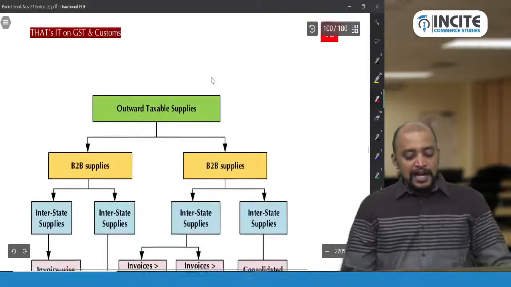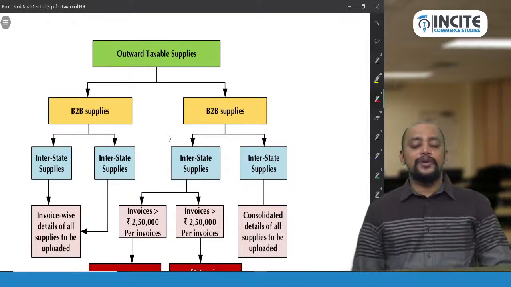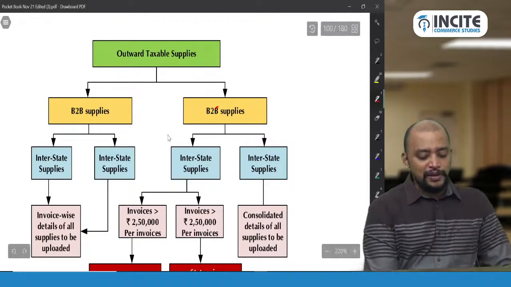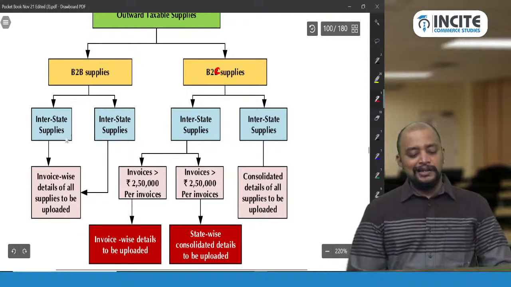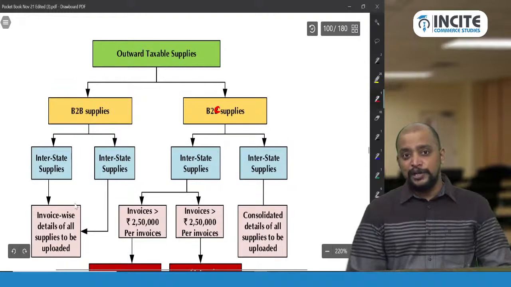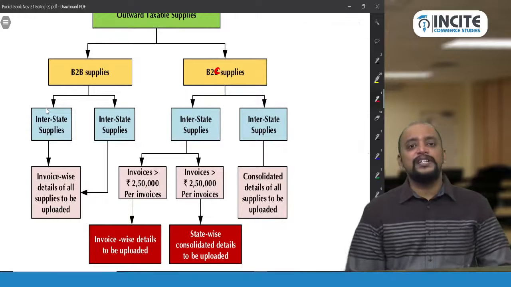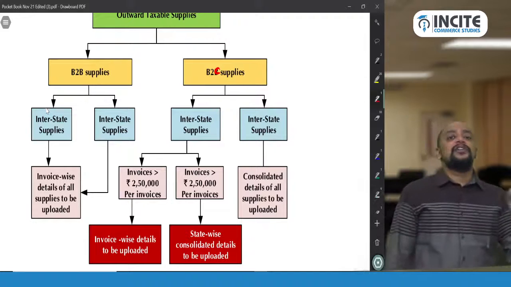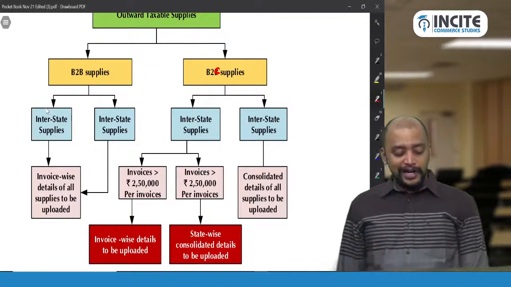Details of outward supplies to be mentioned in the return: we need to see whether they are B2B supplies or B2C supplies. For B2B supplies, interstate or intrastate, we always enter invoice-wise data. For B2C interstate supplies, if the value of each invoice exceeds 2,50,000, then invoice-wise details need to be uploaded.